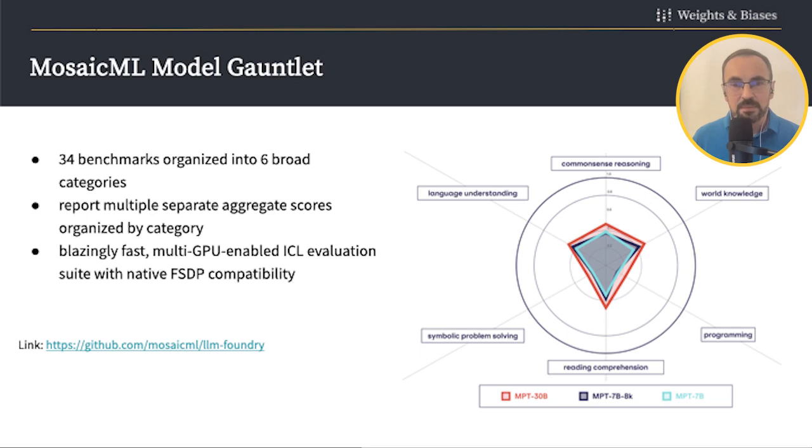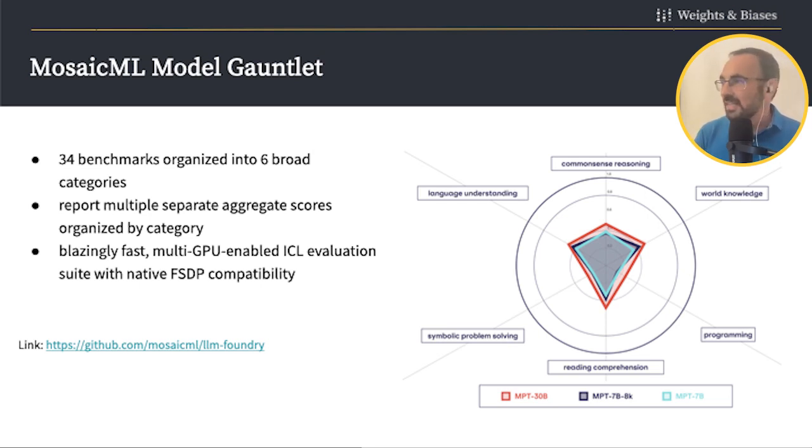The big benefit of using this tool is that it is very fast. It benefits from a lot of performance optimization, which means you can evaluate your model more frequently, and that means you get more insights into how your model is doing. And I feel like this radar chart, there is some critique of these charts, but I find them actually quite useful for comparing which tasks different models might be good at.